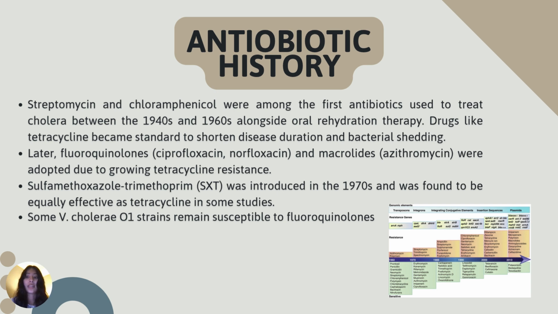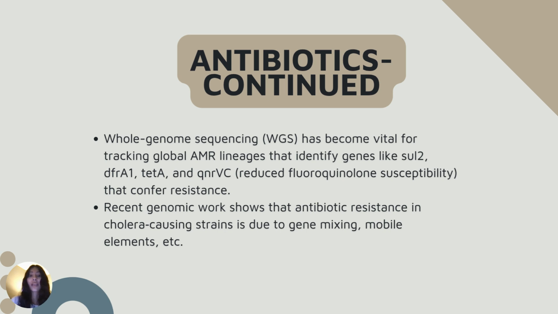Even today, some O1 strains remain susceptible to fluoroquinolones, but this varies by region. Whole genome sequencing has become a major tool for understanding cholera resistance. It helps track global lineages and identify important resistance genes.